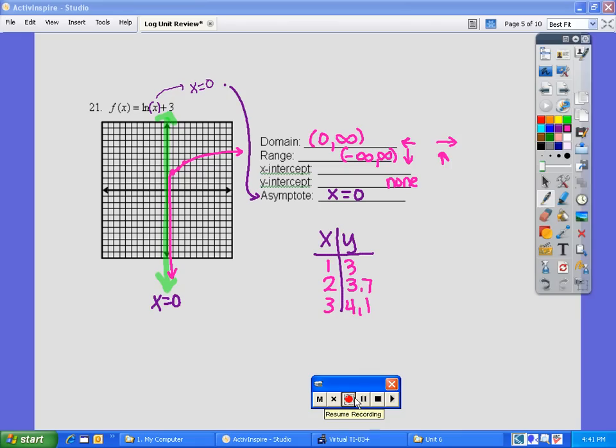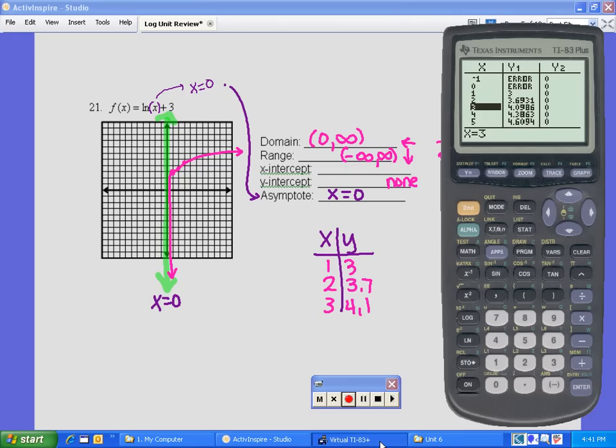Alright, the x-intercept, you know that you're going to use your calculator for. Make sure that your second Y equals has a 0, because it won't work if you don't have that 0. Then you're going to go to second trace, number 5. As you can see, I can't see my blinker yet, so I'm going to go to the right until I see my blinker. Then I want to get as close to the axis as possible without it disappearing, because it disappears.